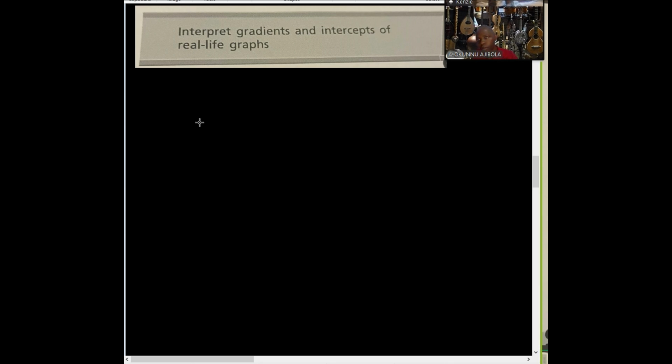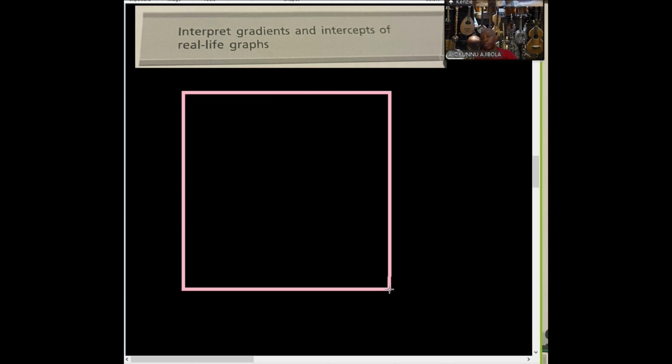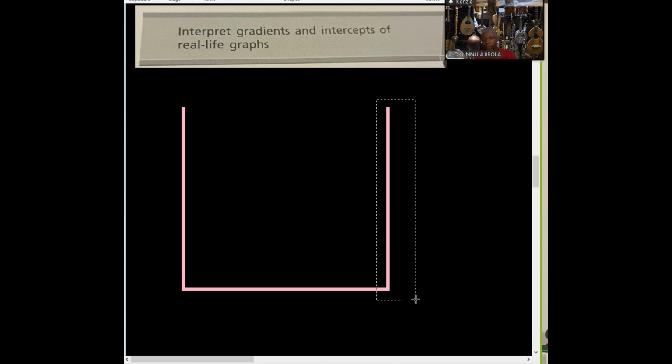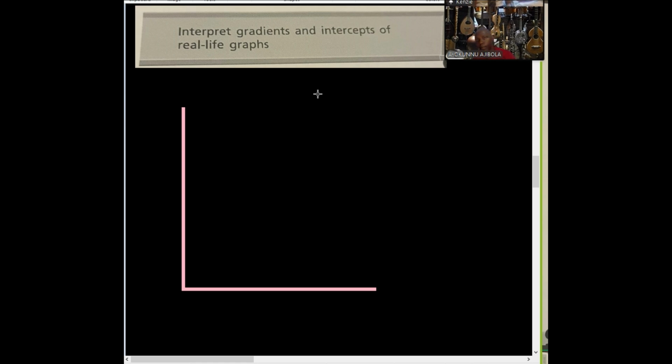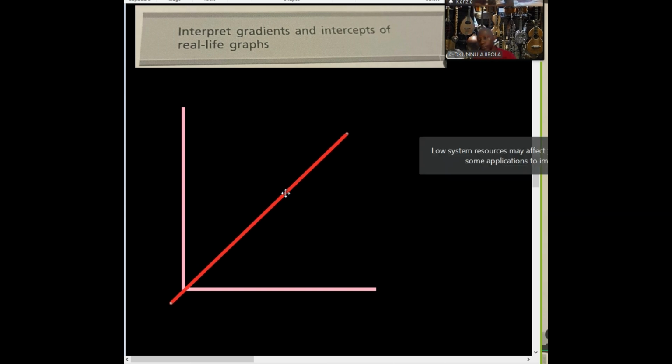For example, if we have a graph like this, and we plot a line here, can you see this? So this line passing through the point of intersection, which is called the origin, has a meaning.